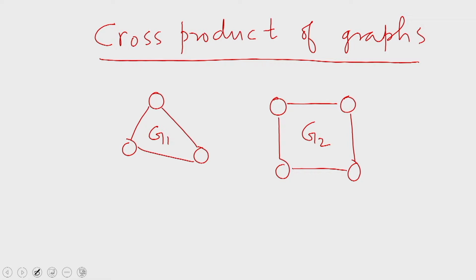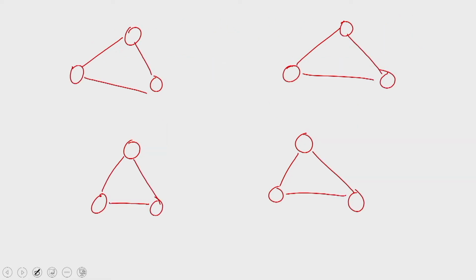For example, for the top left to right edge of G2, we will introduce a bundle of edges between the top 2 copies of G1, where we connect the corresponding vertices.